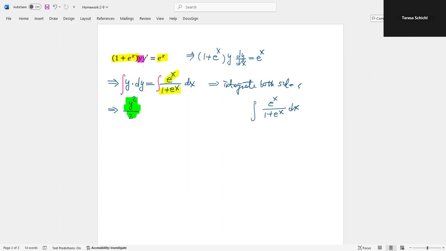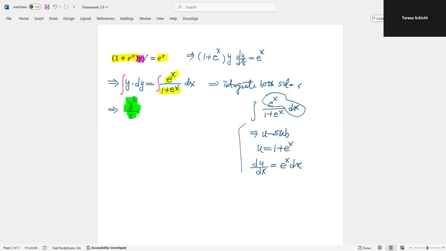This integration is not too hard either, because if I use u-substitution, I would say u is equal to 1 + e^x. Then du/dx is going to be equal to e^x, so du equals e^x dx. Wow, perfectly matches here, right? Great.